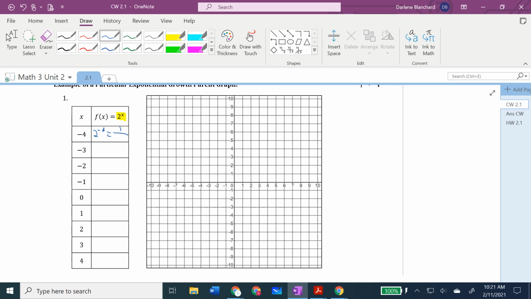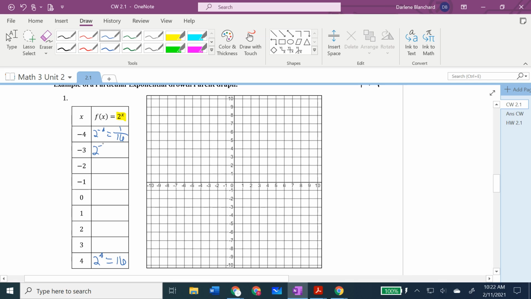And I want you to type this in. 2 to the 4th, there we go. So 2 to the negative 4 is 1 over 16. And you know, while we're at it, how about we do 2 to the positive 4? And not have to think about that a second time.